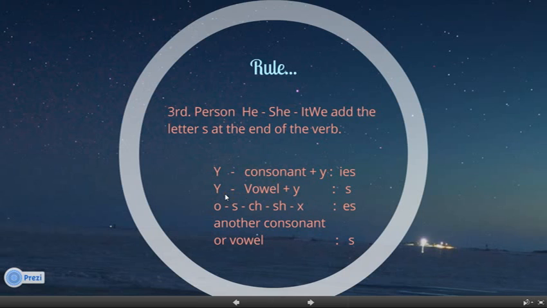Or if the end of the verb has a letter Y but before you find a vowel, you just write the letter S. With the verbs that end in O, S, CH, SH, or X, you add ES. And with the verbs with another consonant or vowel at the end of the word, you add the letter S.